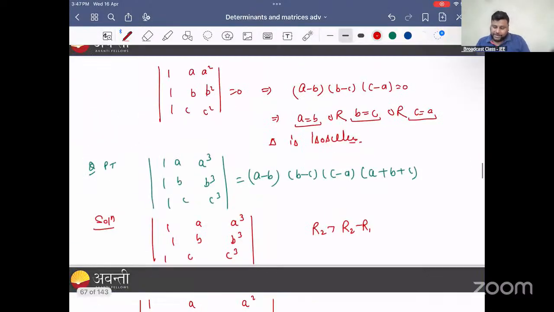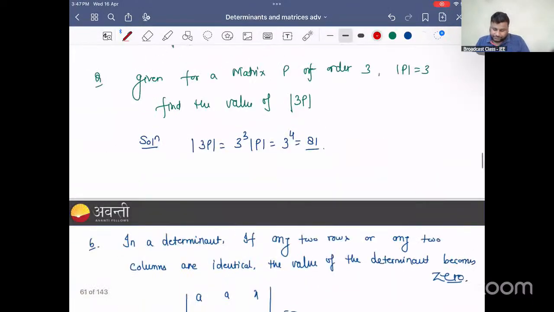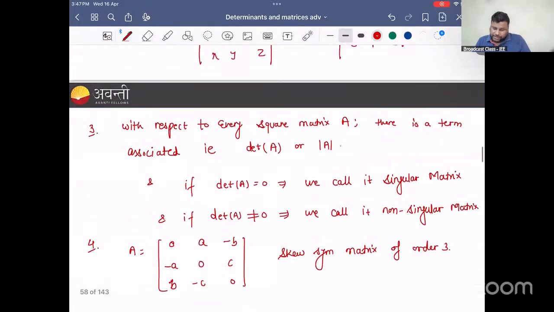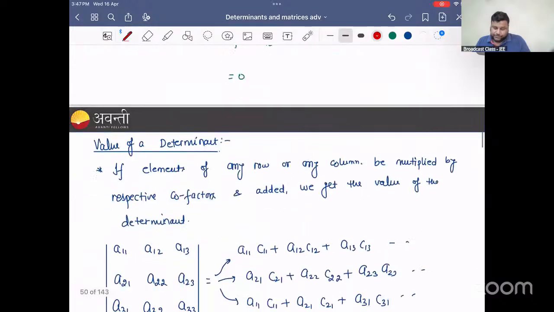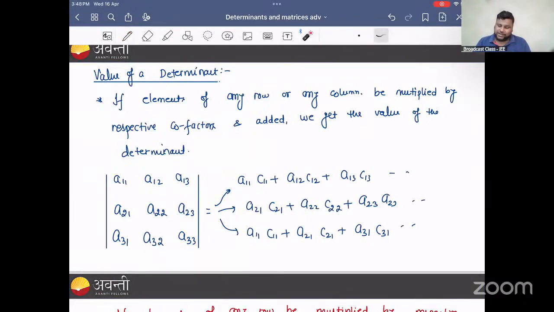How do we expand a determinant? So I told everybody that if elements of any row or column are multiplied by respective cofactors and added, we get the value of the determinant.